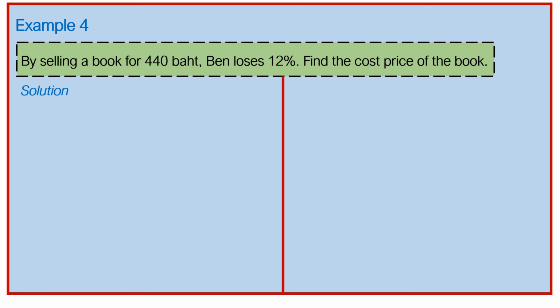we get 88 times B, which is 88B. This is equal to 100 times 440. Then B equals 100 times 440 divided by 88. Okay?